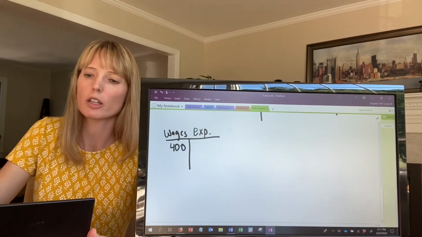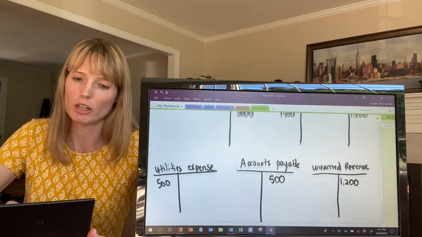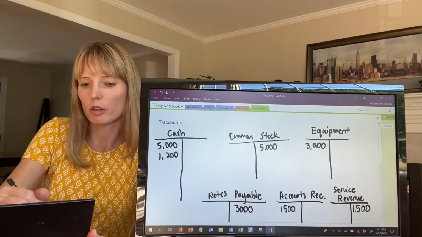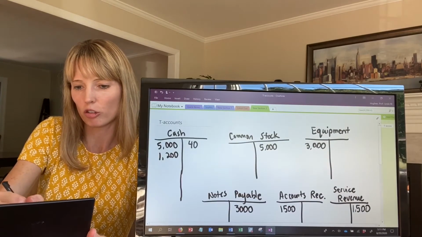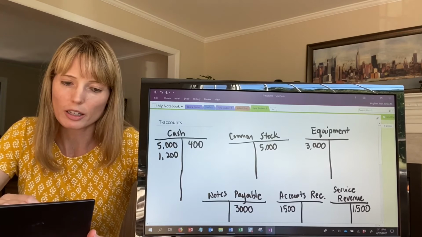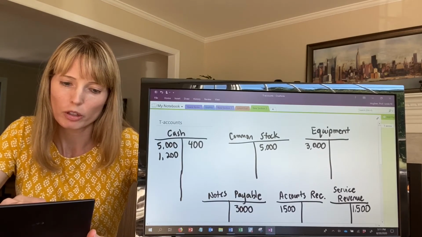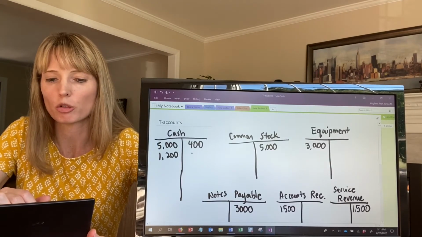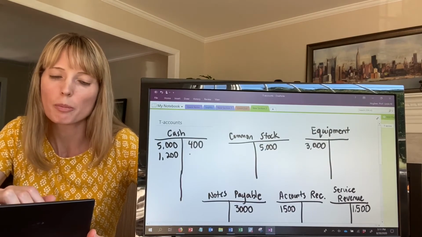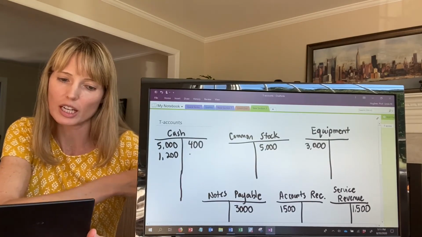Increase that by 400. And I know that I have a cash account. And now I'm going to book a credit to cash. So what is my ending balance now in cash? Well, it was $6,200. We need to subtract 400 from that. So the balance in cash is now $5,800.